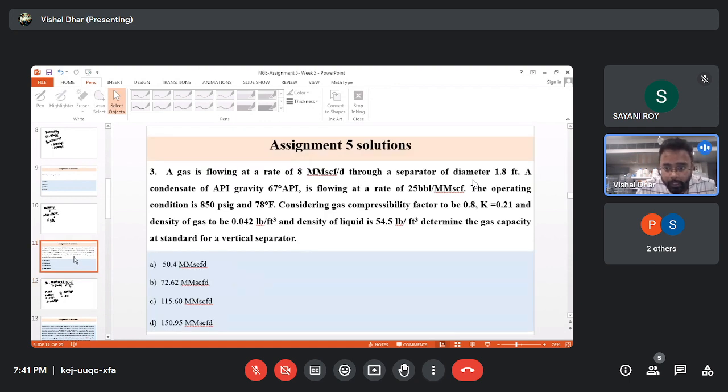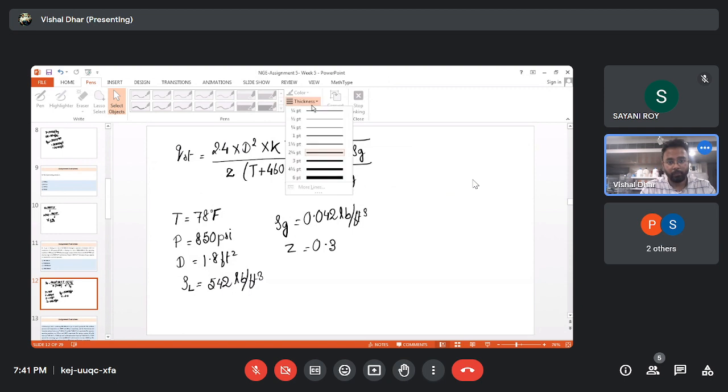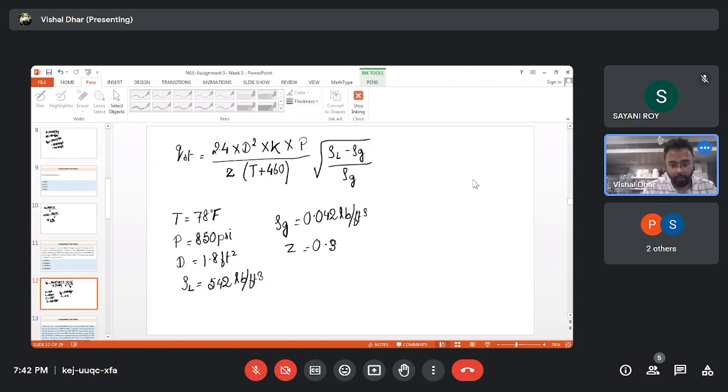The value of Z is given as 0.8, and K equal to 0.21. So if we put this in this formula, it will be QST equal to 2.4 into 1.8 whole square into 0.21 into 850.